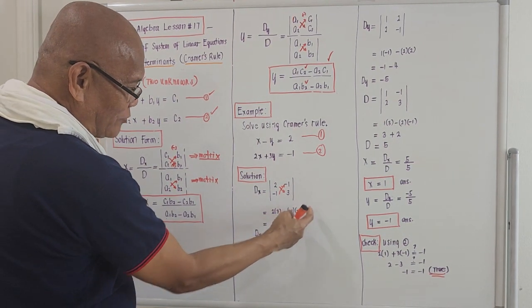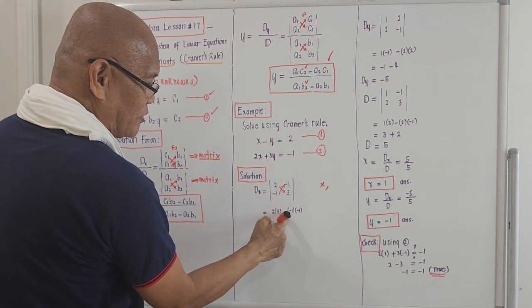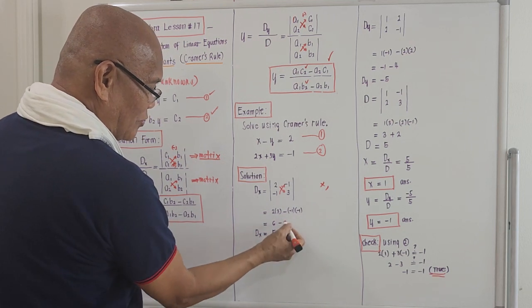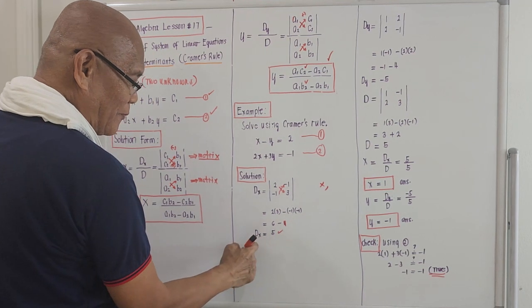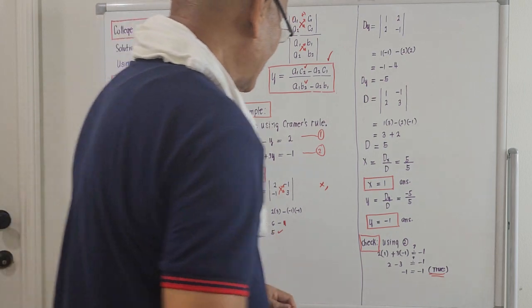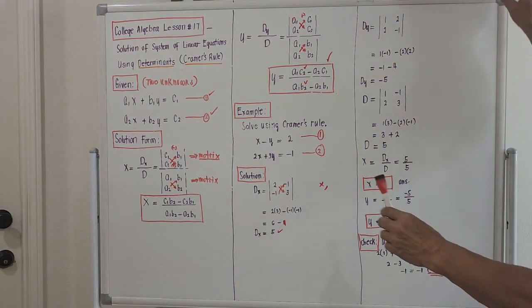A minus 1 times a minus 1 will be a plus 1, right? But this is preceded by a negative sign. So it will become minus 1. So 6 minus 1 will be 5. So dx will be 5. The determinant for the value of x will be 5. Okay, let's try to compute for the determinant of y. Cover y, right?